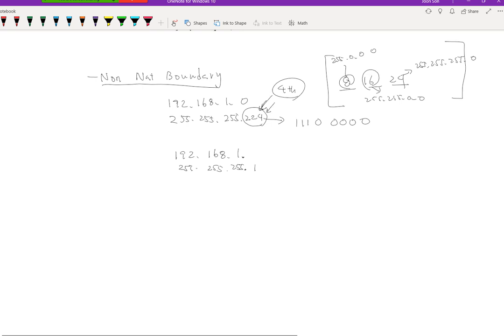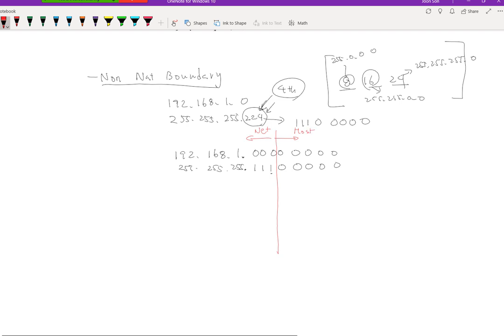Now it's 11100000, and this is 0. Okay? And where does the 1 end? Right here, right? So now I can draw the line. So the left side is the network portion, and the right side is the host portion.